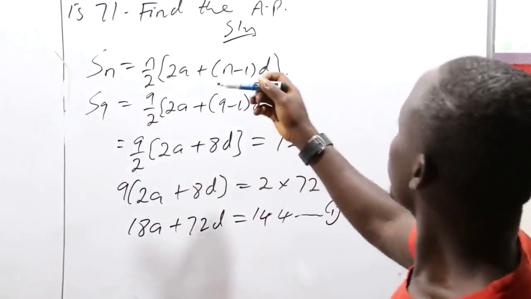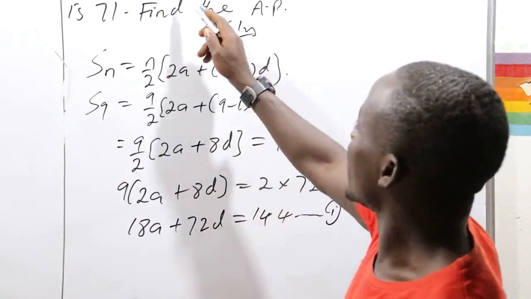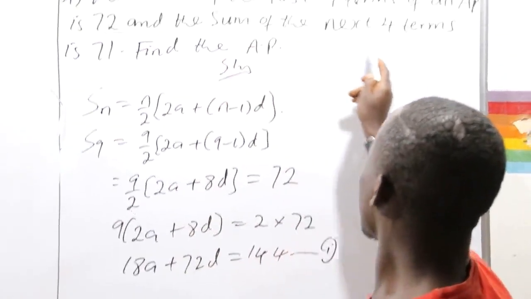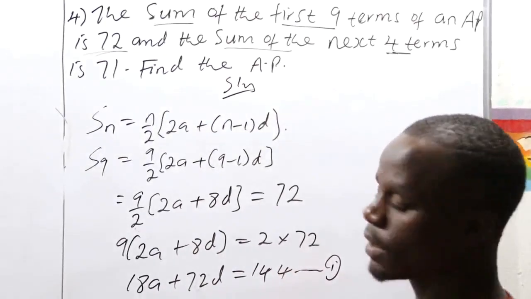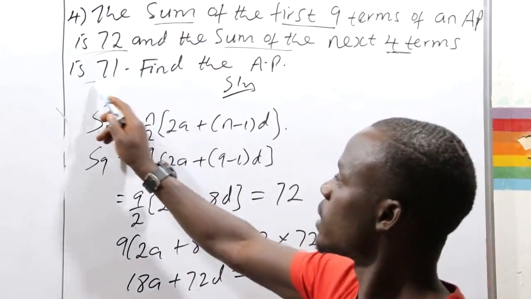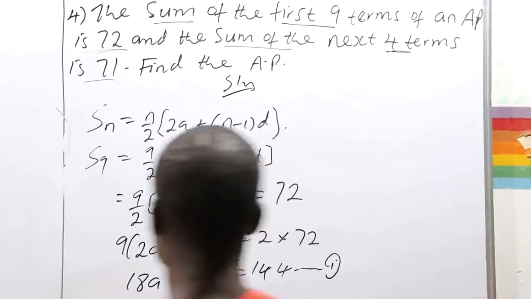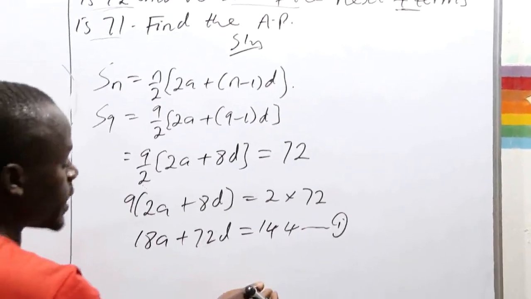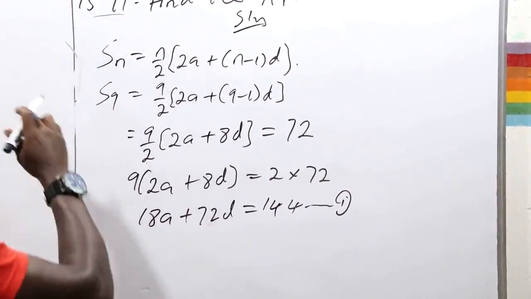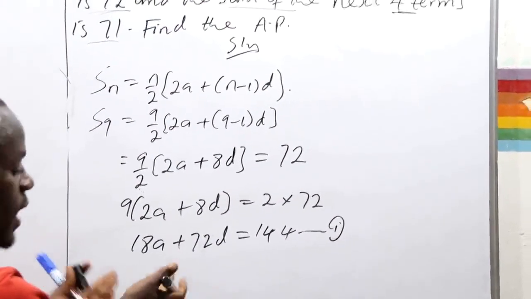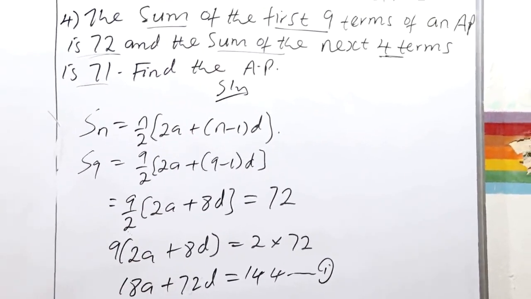Then let's go back to the next line of the question, and the sum of the next 4 terms. The next 4 terms is 71. That is, if you add from the first to the 9th term, you get 72. Then if you add 4 terms after the 9 terms, you get 71.